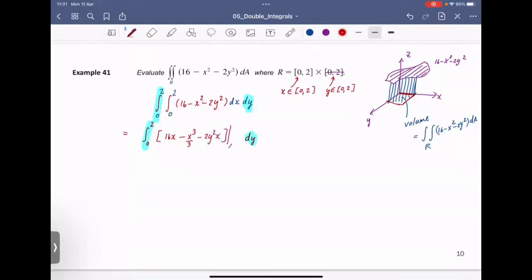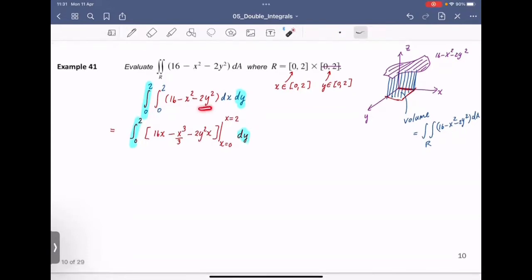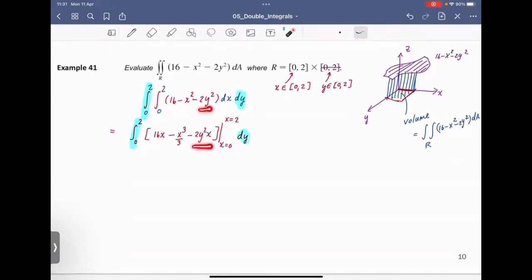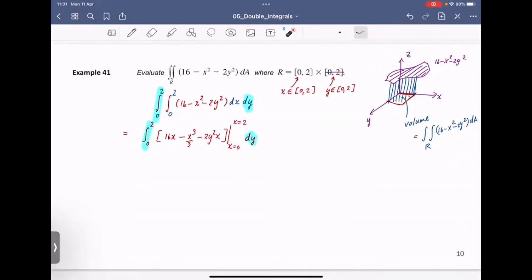And then evaluate x equal to 0 to 2. Does it make sense? I look at y here as a constant, so that is why I get 2y squared x. If you understand differentiation, this is nothing new. You use this technique already in differentiation.